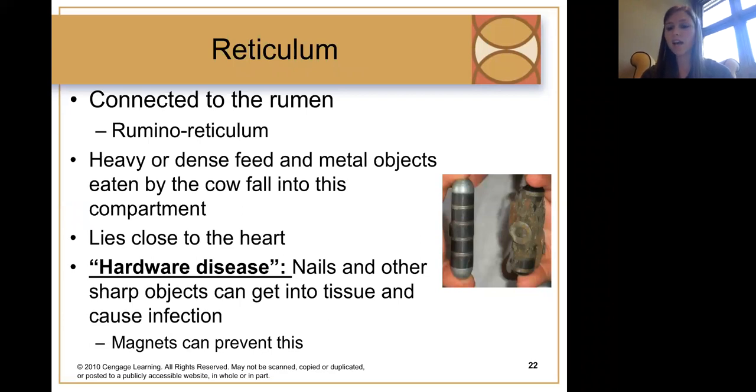If it catches the object, then it's fine because it will be bound to that magnet. It won't be floating around causing any harm to the animal. So it's a really good preventative measure to have in there. That way, if you find out that they did eat something, you can trust that the magnet has it under control, hopefully. Oh, okay. Yeah. Thank you.